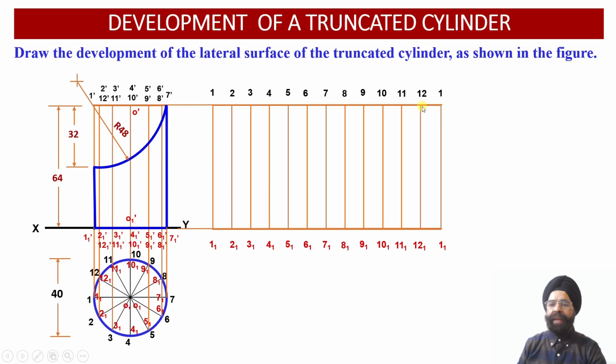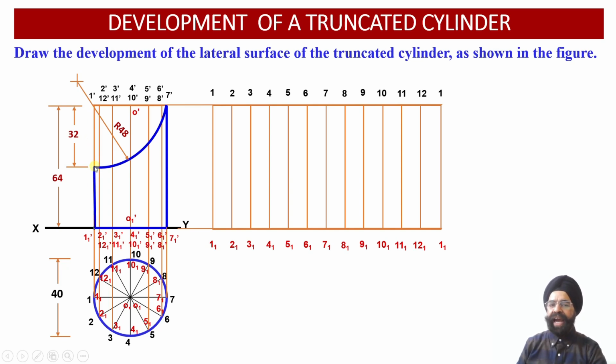So this is the development of the uncut cylinder as it is resting on its base on the ground, and this cylinder is standing upright with a height equal to 64 millimeter over here.